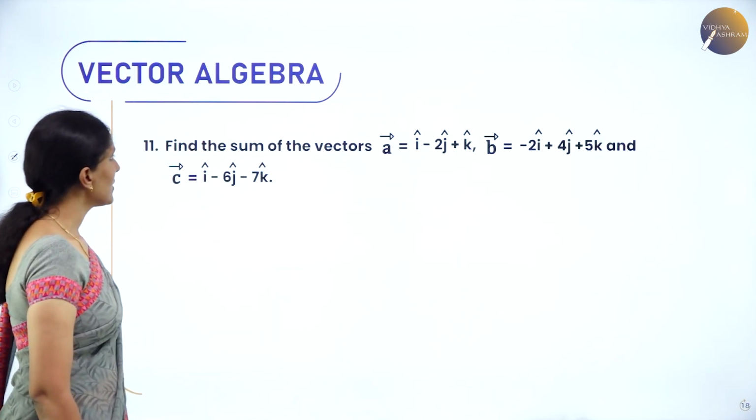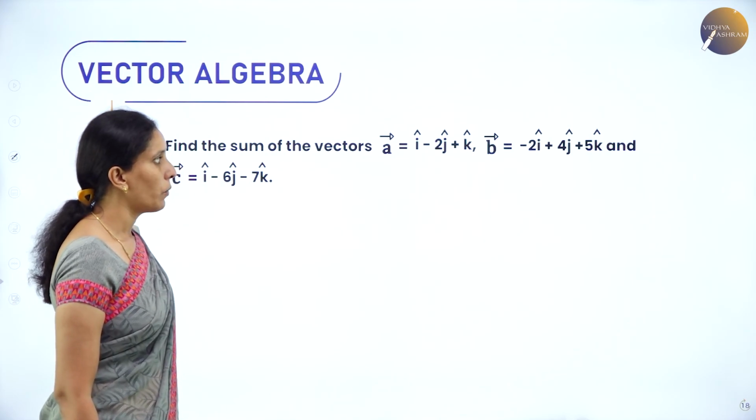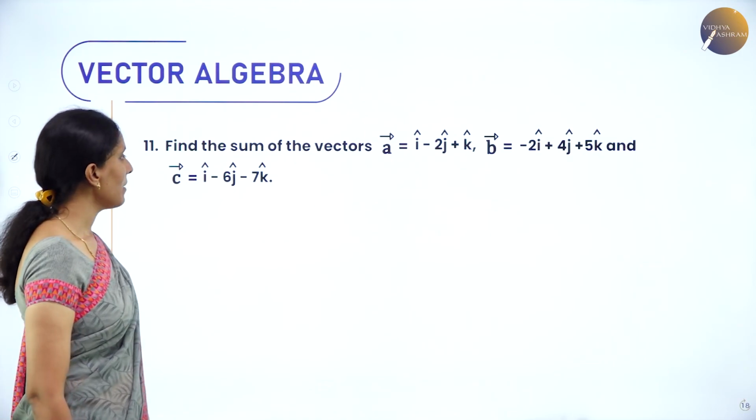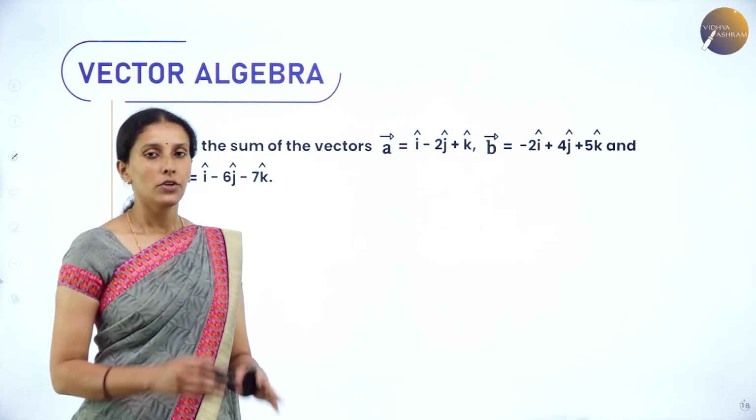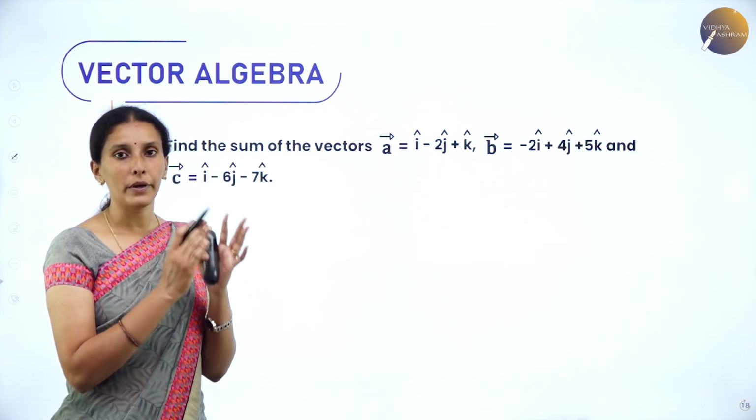Next one: find the sum of the vectors. Vector A is i - 2j + k. Vector B is -2i + 4j + k. And vector C is i - 6j - 7k. When you are adding two or more vectors, add the corresponding components only.